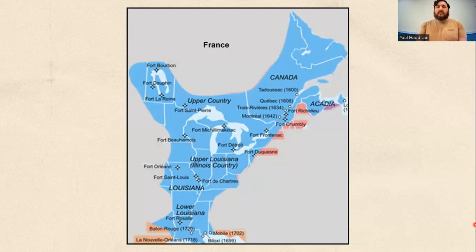Now, the important thing to know about France is that each country goes about interacting with the Native Americans in a completely different way. Part of this is their own culture, the European culture that they're bringing.